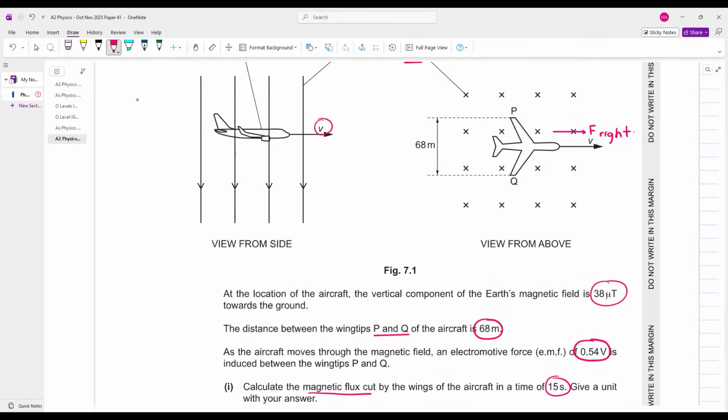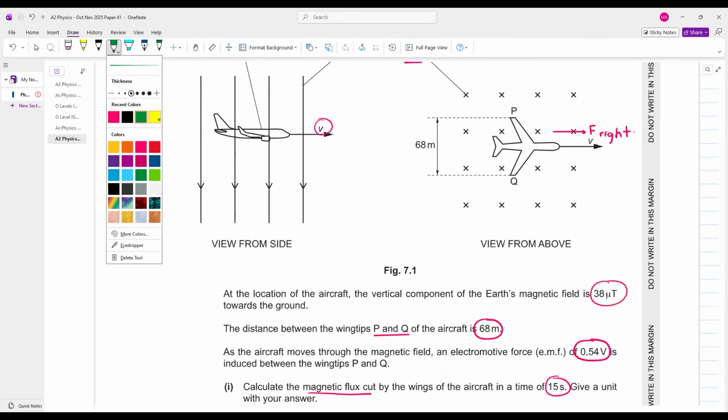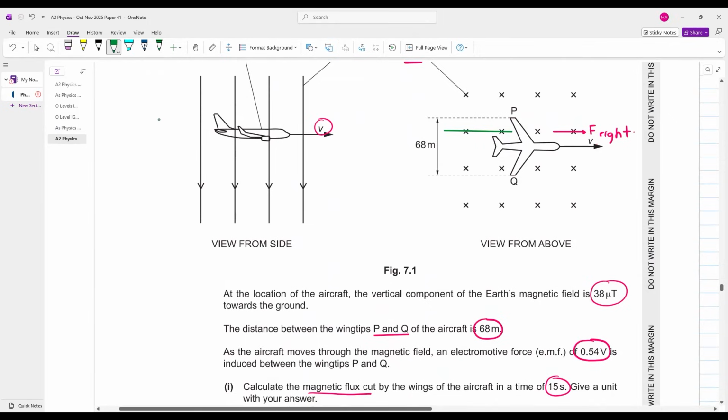Induced EMF will flow in such a direction that it creates a force towards the left side. Beta, induced EMF always flows in such a direction so as to oppose the force causing it. We are applying a force towards the right side. Induced EMF will flow such as to produce a force towards the left side.